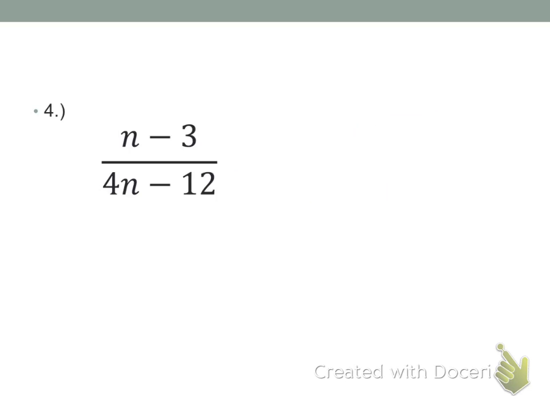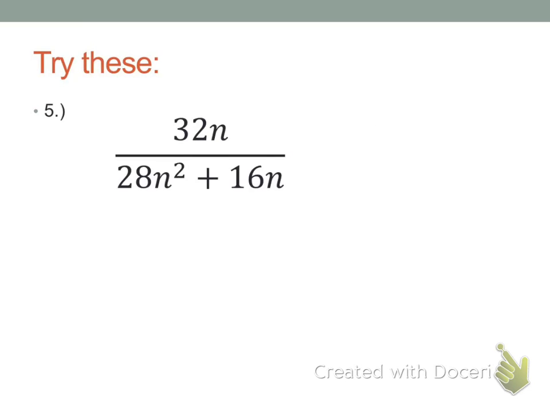Continuing on to the back. Let's do a couple more together, and then I'll give you some time to try some on your own. Will my numerator factor on number 5? My numerator? The top?